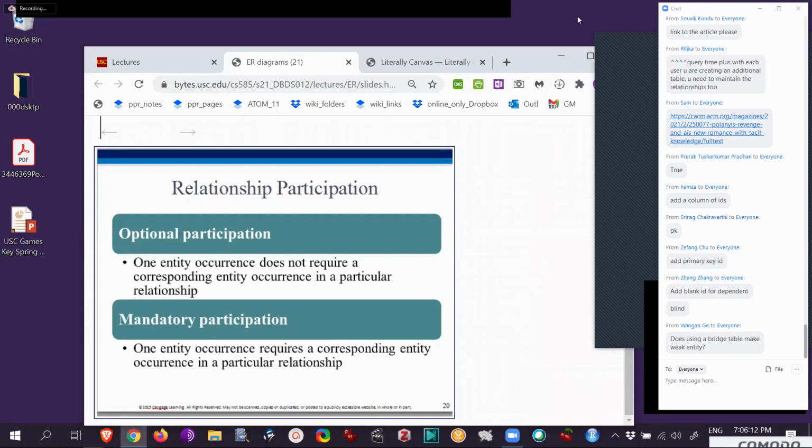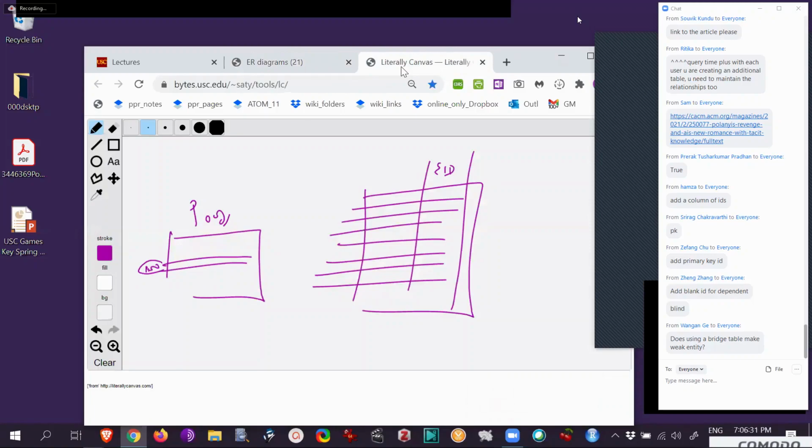Does a bridge table make sense in it? You think about it. So a bridge is coming from two different tables in which the bridge columns are primary keys. So then, given the bridge and one of those tables, is the bridge a weak entity or not? So again, here are all the students.